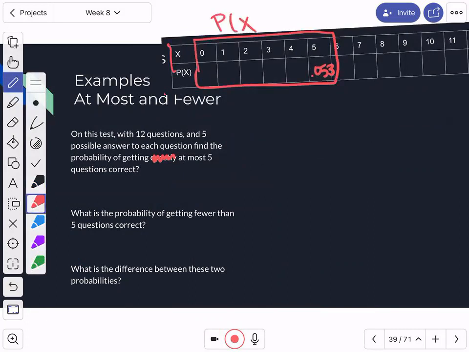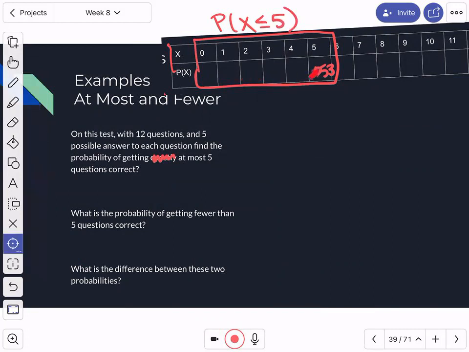This is the probability that X is... What does that really mean in terms of your symbol then? What symbol is that at most? Less than or equal to 5. And that means I'm going to have to add up everything in front of that, right? So that means I have to do binom.dist of 0, 1, 2, 3, 4, and 5 to get there. Does everybody understand that?